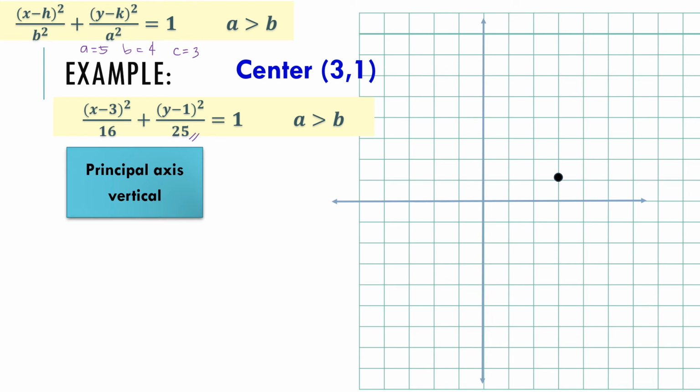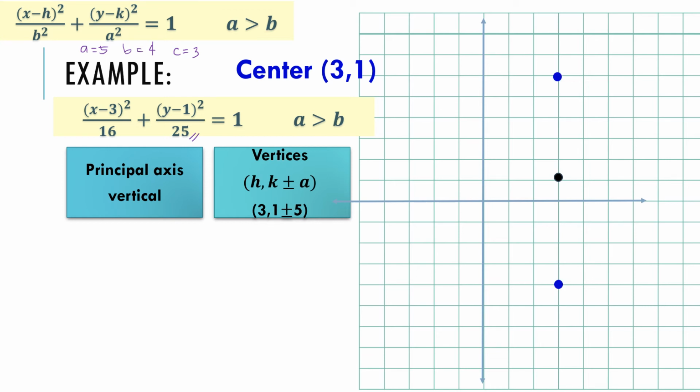Since our a is with y, we have an ellipse with a vertical orientation. Next, vertices: a units from the center, up and down, so plus or minus 5.